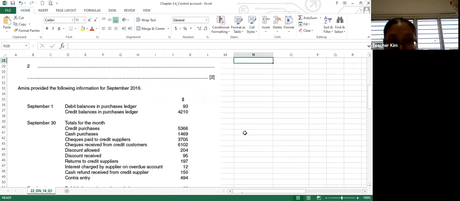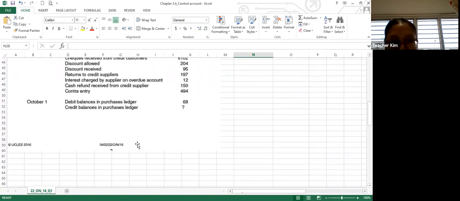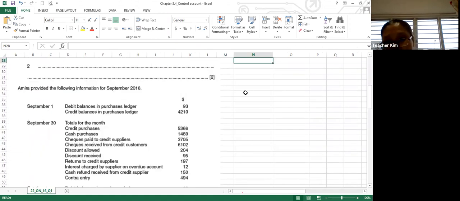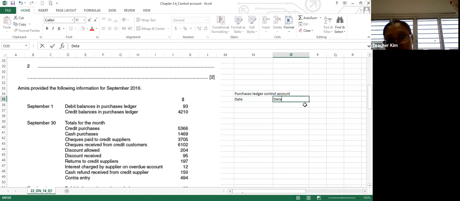They want us to choose which ones are related to the purchases ledger control account. So we prepare the purchases ledger control account: date, detail, and amount.